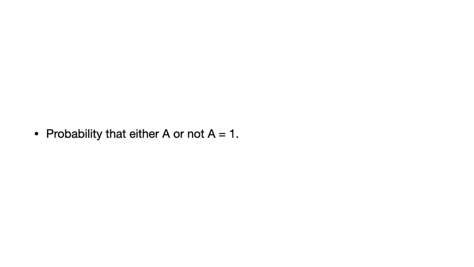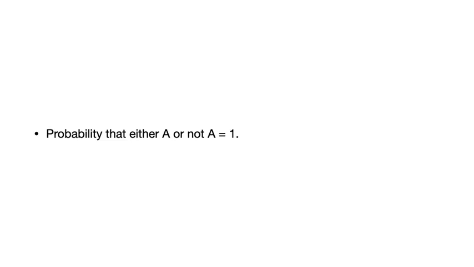And if not A happens, obviously A isn't going to happen. So this is an or statement. Pretty obvious, A either happens or it doesn't. That is certain, that is true. Probability equals 1, which is just a way of saying it's certain or 100%.